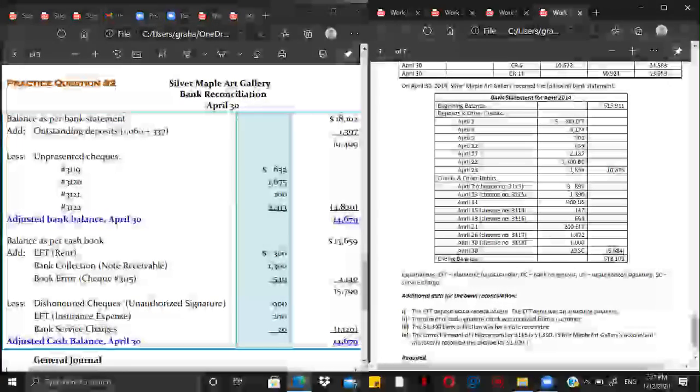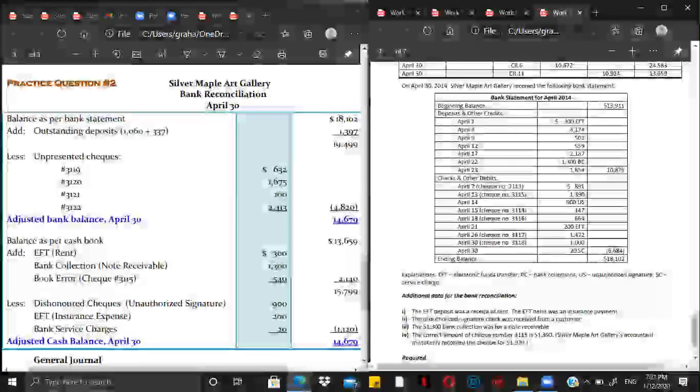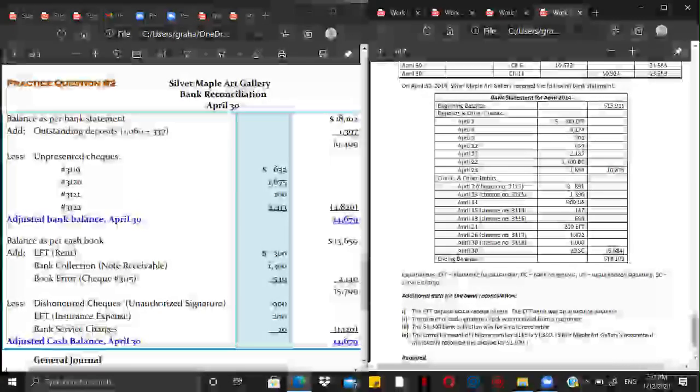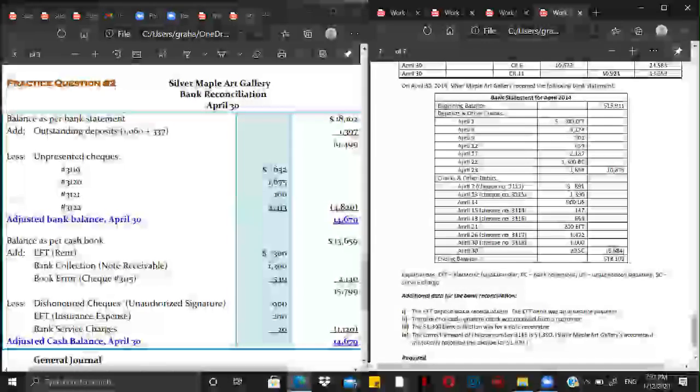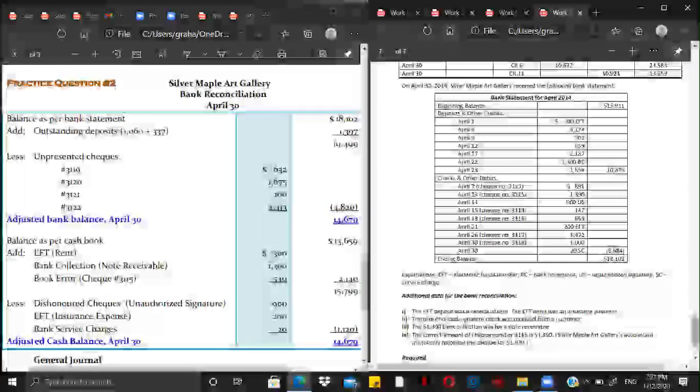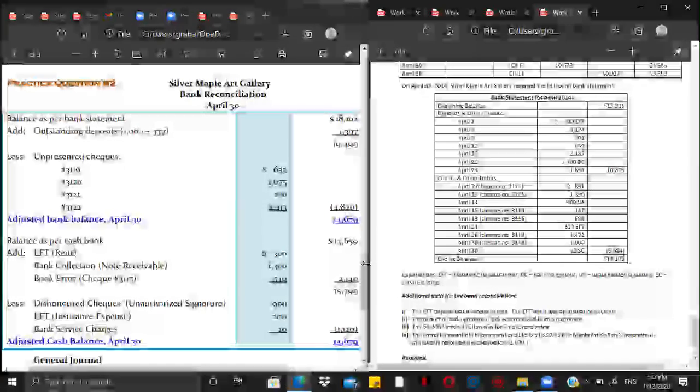So if our bank statement is showing us that we have received $300 for rent and it is not yet on our cash book, what do we do? Remember, we're trying to get the balances to be the same. So therefore, we have to add that $300 back to our cash balance. So as I was saying, when we're going through the entire statement, you can just put a note right here that this is going to be a plus to the cash balance, an addition to the cash balance.